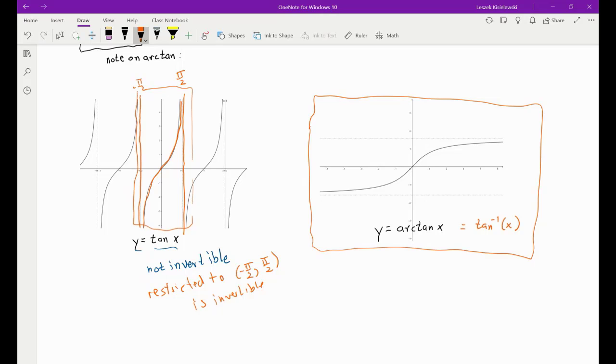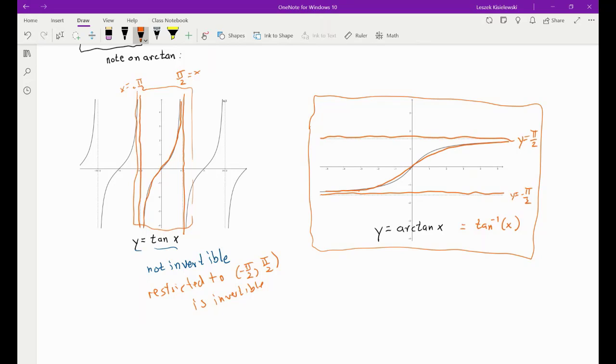The two vertical asymptotes in the graph of tangent, x equals negative pi over 2 and x equals pi over 2, become two horizontal asymptotes for the graph of arctangent.